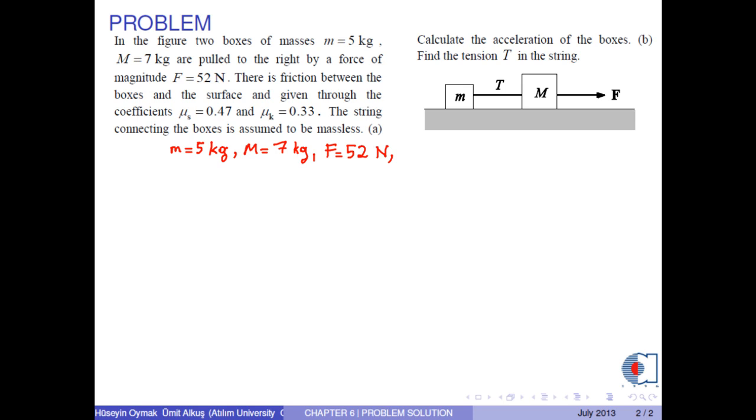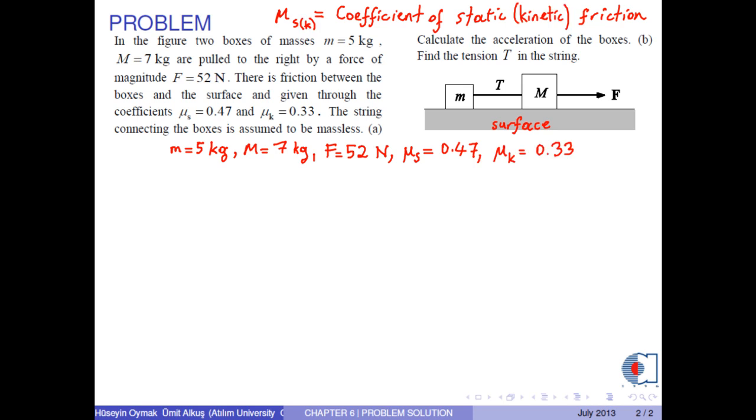There is friction between the boxes and the surface, given through the coefficients mu s equals 0.47 and mu k equals 0.33. The string connecting the boxes is assumed to be massless. A. Calculate the acceleration of the boxes.